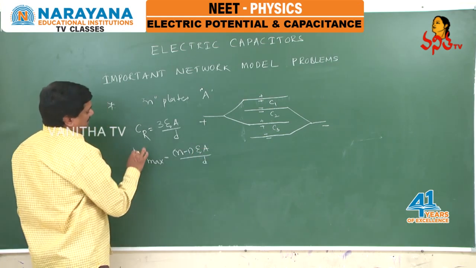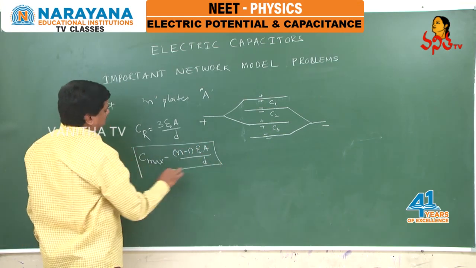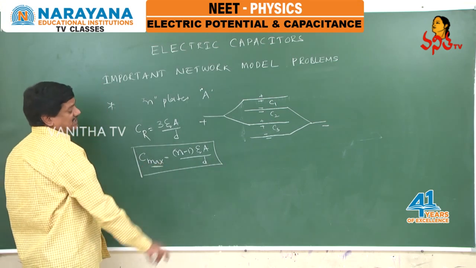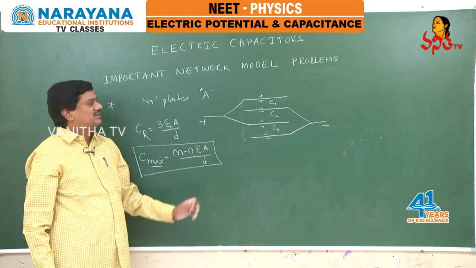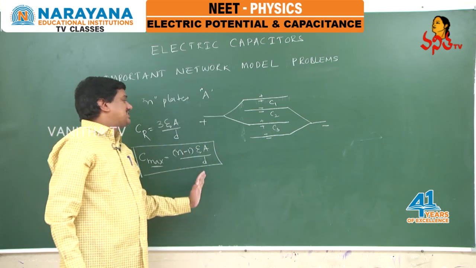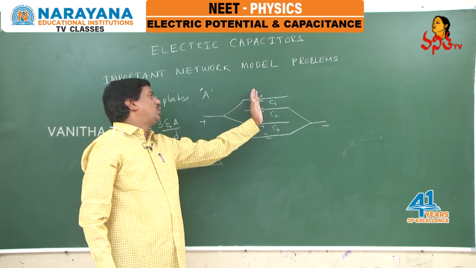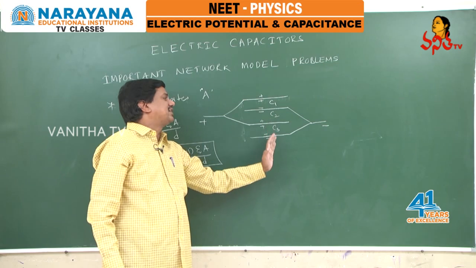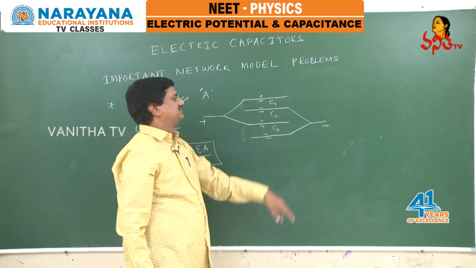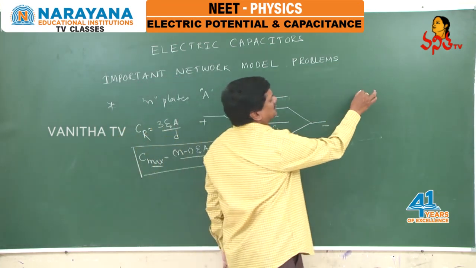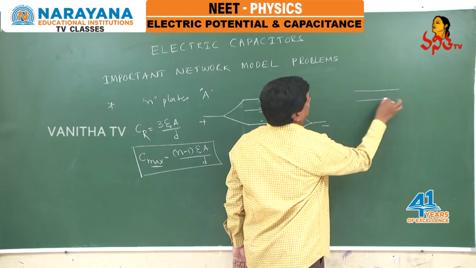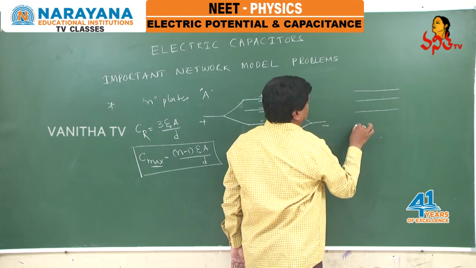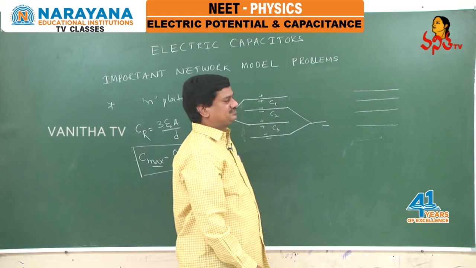If n plates are used, what is the maximum capacitance? It is n minus 1 epsilon naught A by D. Maximum capacitance is obtained only when these plates are connected alternately. But take the same four plates of area A separated by the same distance.